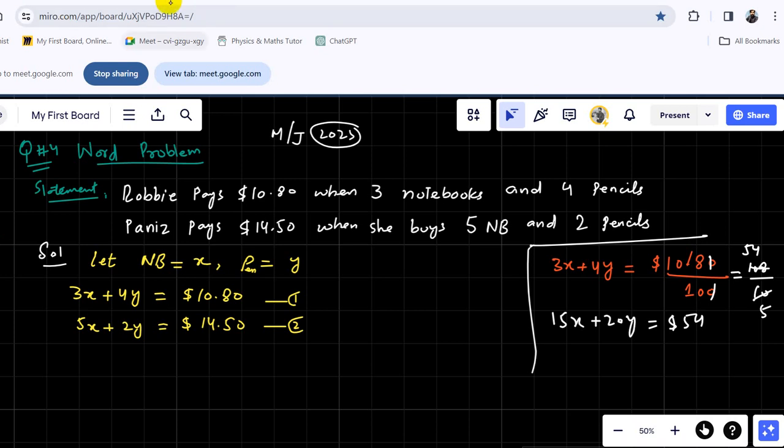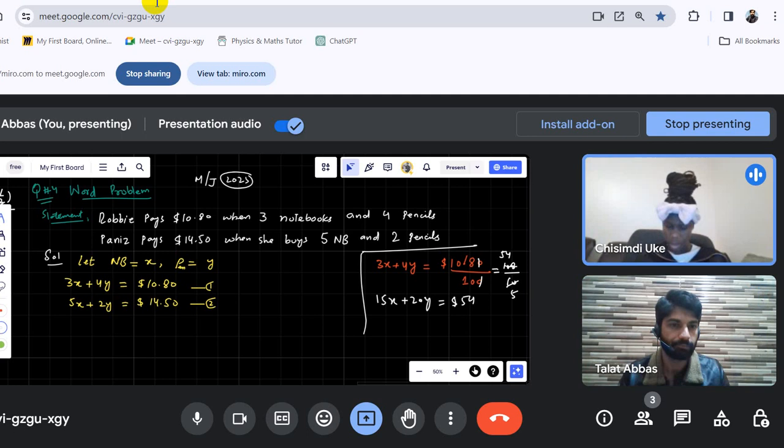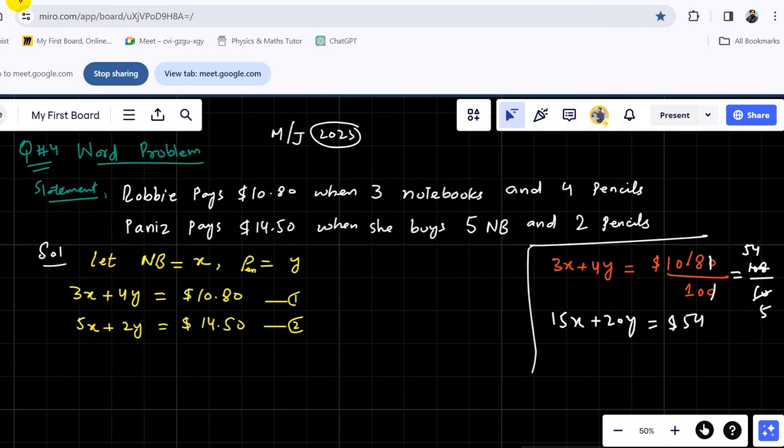So you're getting my point? Yes, exactly. You can have the same answers. So what we did to get rid of this decimal is simplify this equation, and we got a new equation, which is 15x plus 20y equals 54.